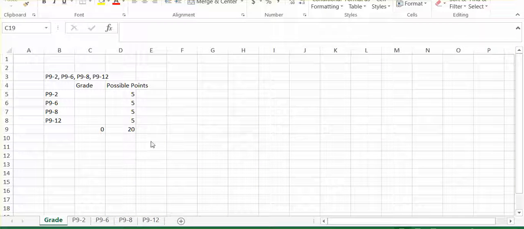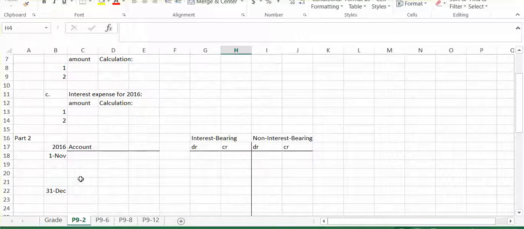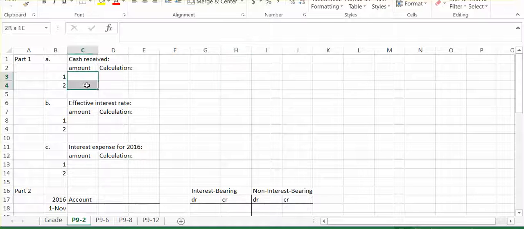So coming to the template, first of all, you see the grade breakdown. Since none of them were major in size or different in size from the other ones, I just gave them all equal weight. And then you can see where you do your calculations. If you need to do additional calculations, then you add whatever you need.